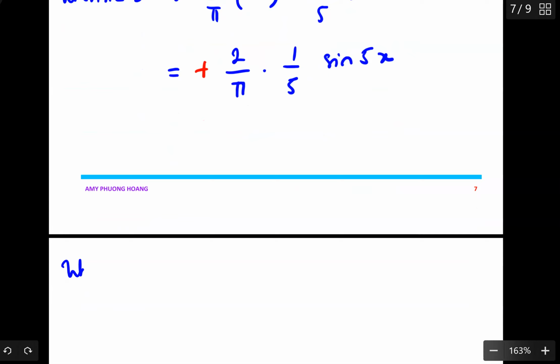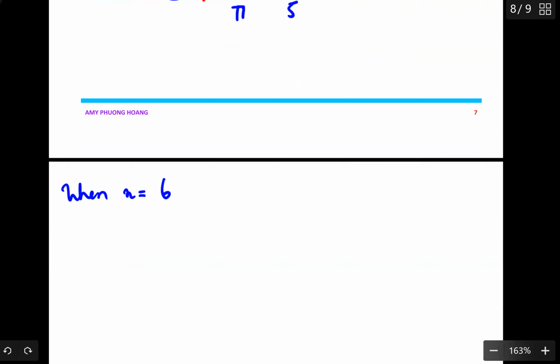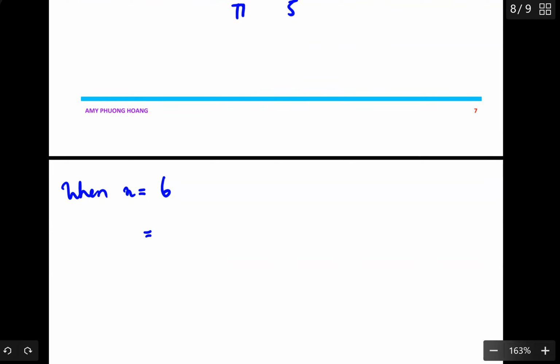So when n equals 6, then I should have 2 over pi times minus 1 to the exponent 6 minus 1, 1 over 6 times sine of 6x.